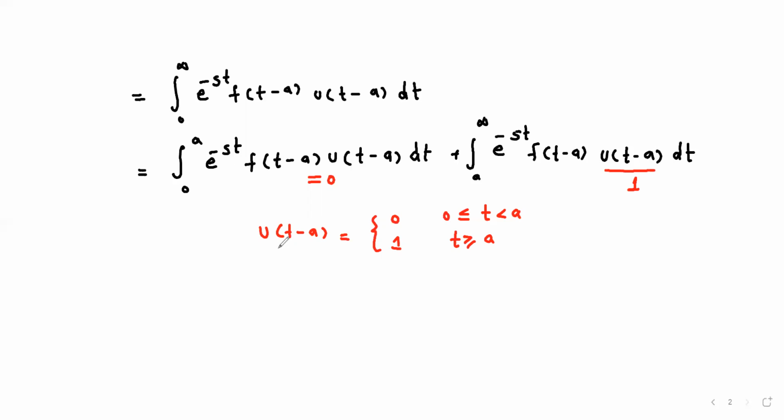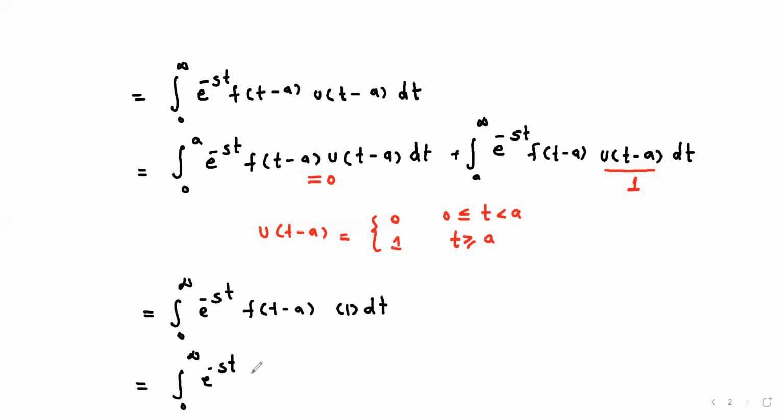So I can write here simply integral 0 to infinity e raised to power minus st, this thing is equal to 0, f(t minus a), and this thing is equal to 1, and dt. So we get integral e raised to power minus st, f(t minus a) dt.